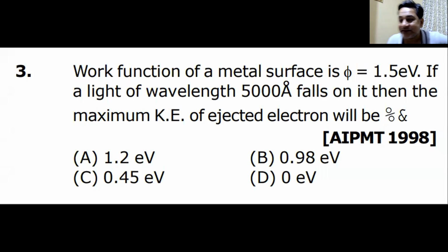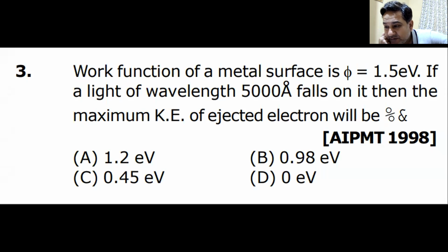And this is the question that has come in AIPMT, which is your NEET. The question is right in front of your eyes. What is the work function of the metal surface? It is 1.5 electron volt. The wavelength of light falling on it is 5,500 Armstrong units.